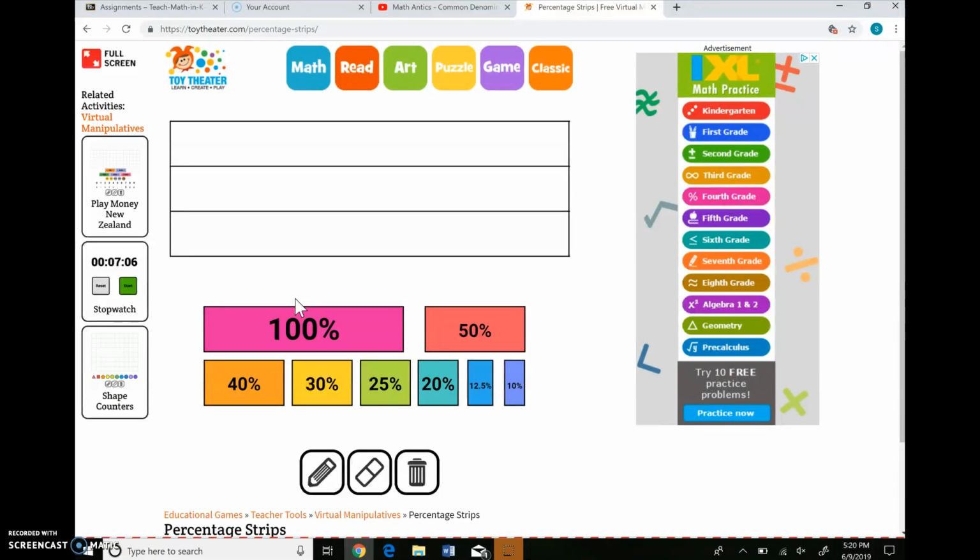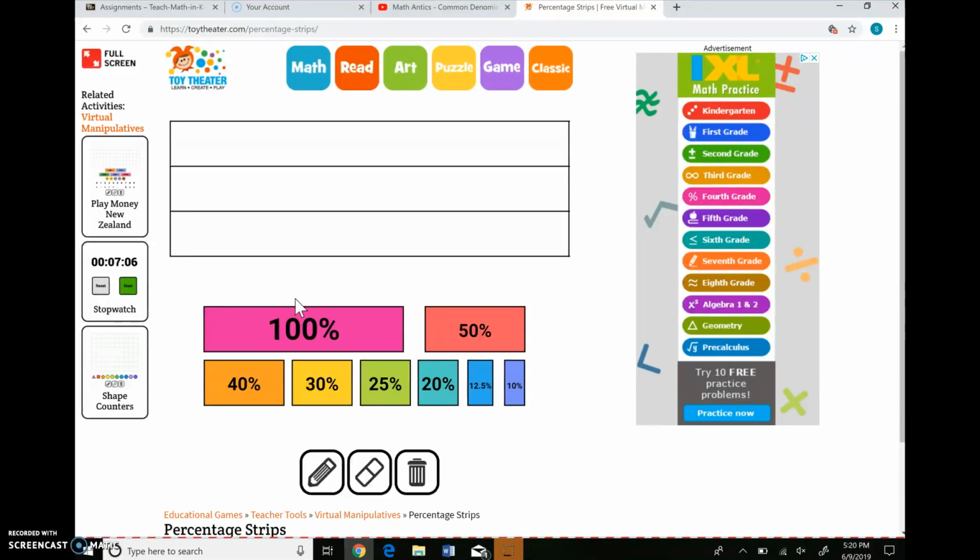And these online math manipulatives are better than hands-on ones because they're more accessible.